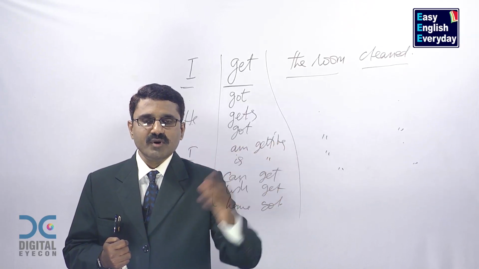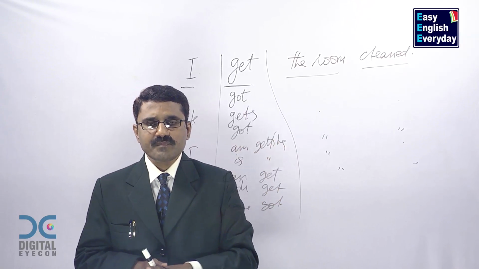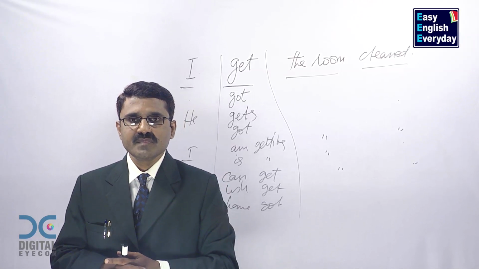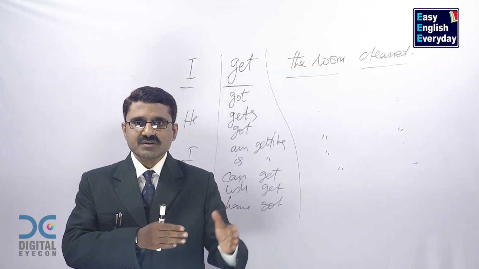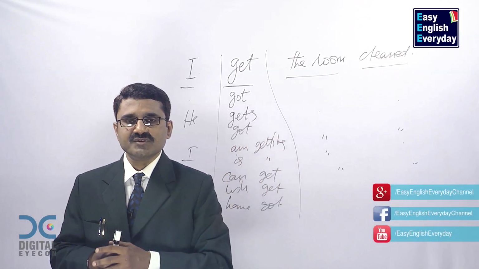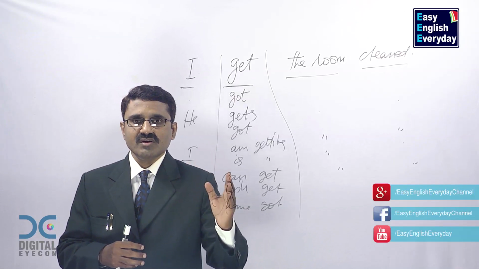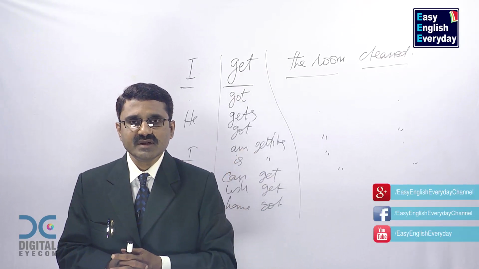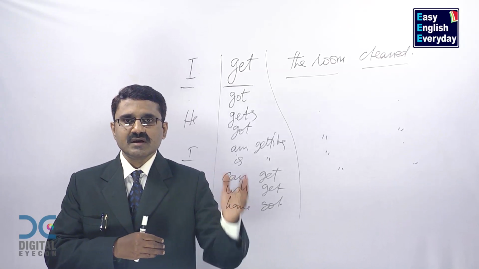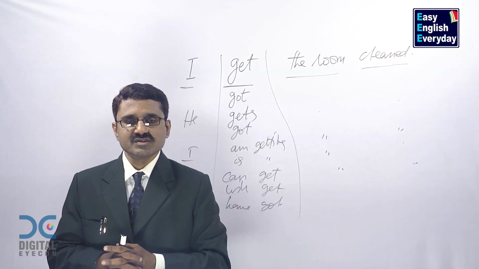I got him appointed at a good company. I should get my notebook corrected by the teacher. I got the event photographed. I got the event videographed. I got the songs written by a reputed writer. I got the action scenes composed by a famous stuntman.